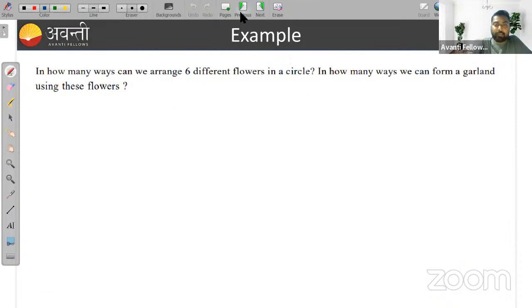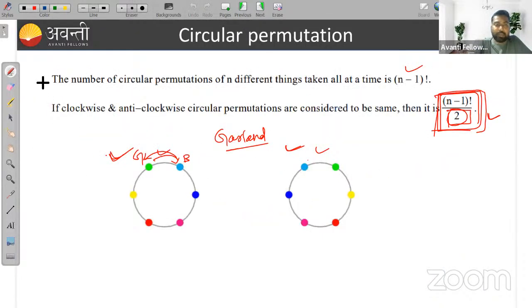Remember, I'm sorry, here I forgot to tell you. In the first case, clockwise is not equal to anti-clockwise.